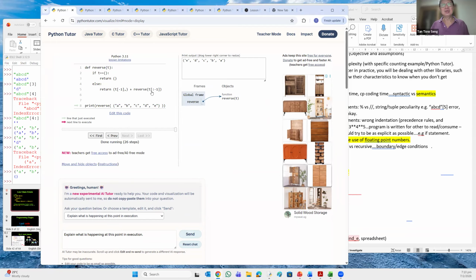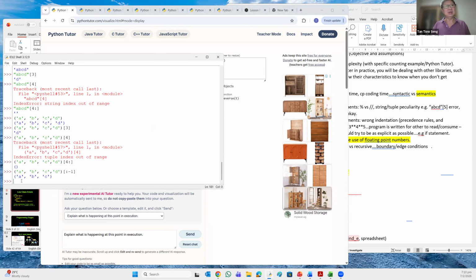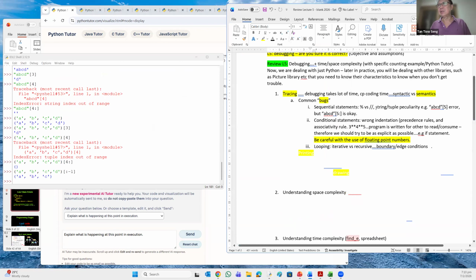And because we slice until the very last element, in this case you actually get A, B, C without the D. One thing to note as a side note is that strings and tuples behave the same. If a string operation gives you an error, most likely the same operation on a tuple will also give an error.